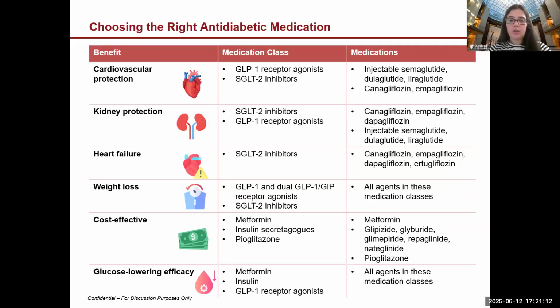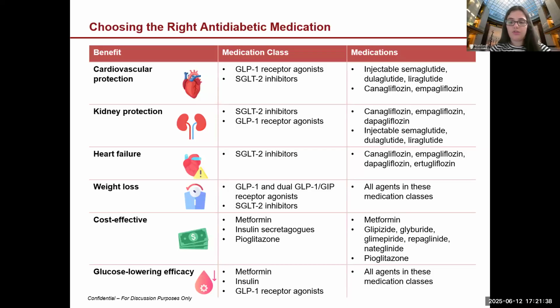So before I talk about the adjunctive medications, I just want to quickly highlight that we often choose anti-diabetic medications based on other health conditions and not just blood sugar. A lot of blood glucose lowering medications have added benefits other than lowering your blood sugar.